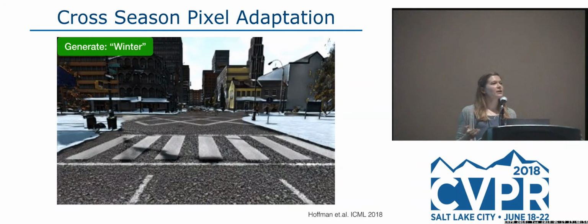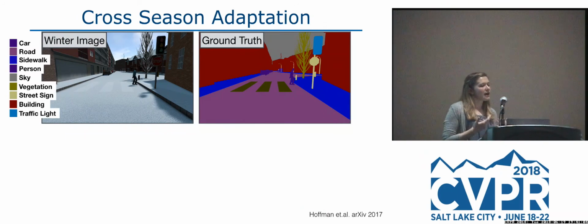After we do that, we get this image, and the main differences are simply that snow appears on the sidewalk as well as the rooftops. Then we can evaluate our overall performance on the winter dataset. Here I'm showing one such image together with its ground truth.